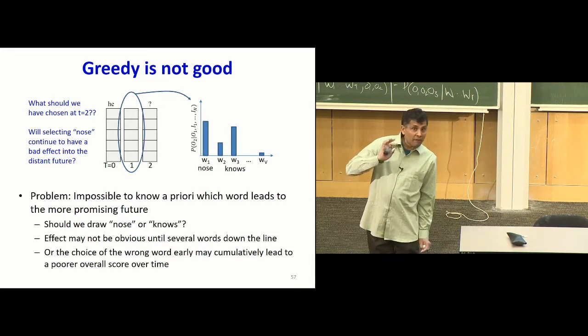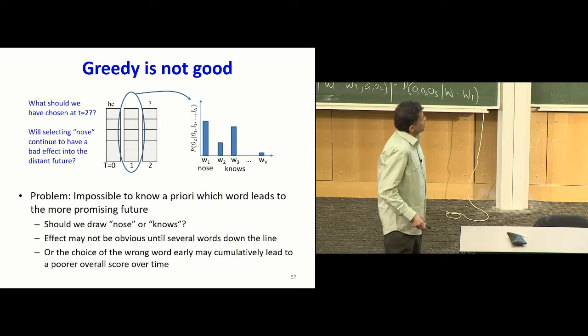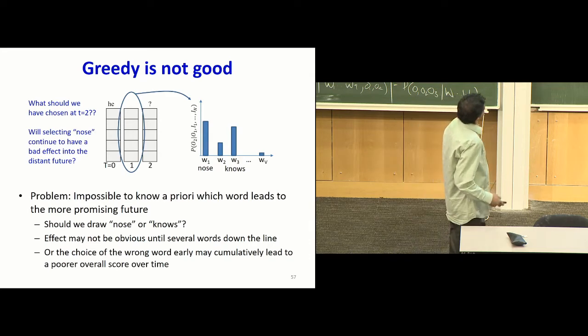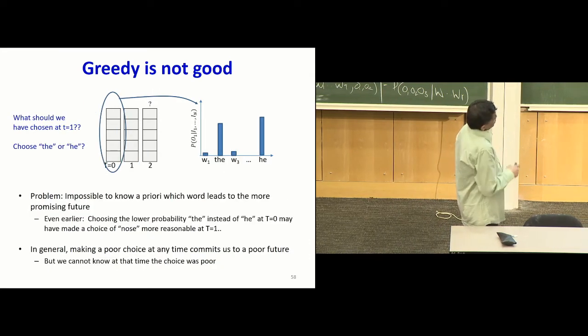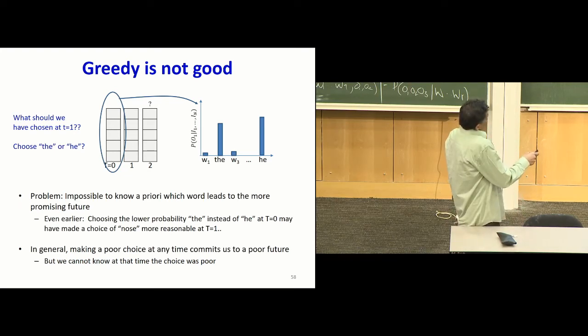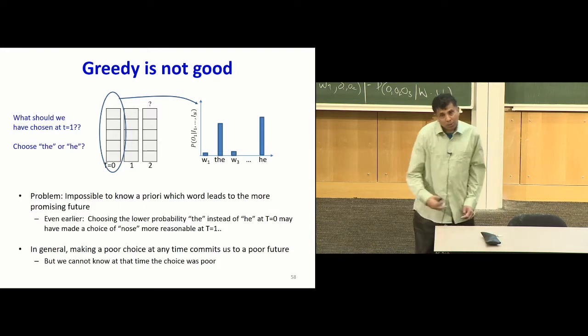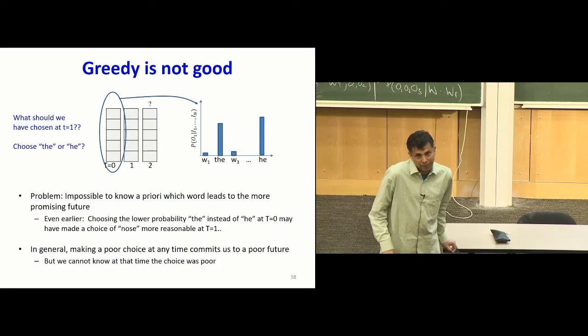The problem is that the effect might actually not be in the immediate next word. It could be way down the line. So for example, consider what happens here. In the very first word in this example, you might have had these two words, THE and HE, being almost equally probable, but HE is slightly more probable, so you chose HE.